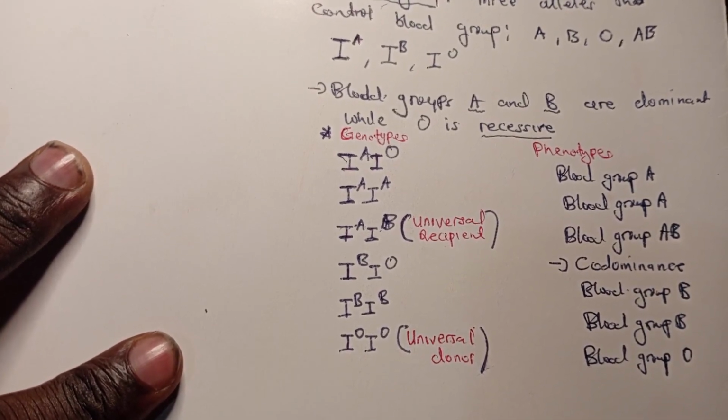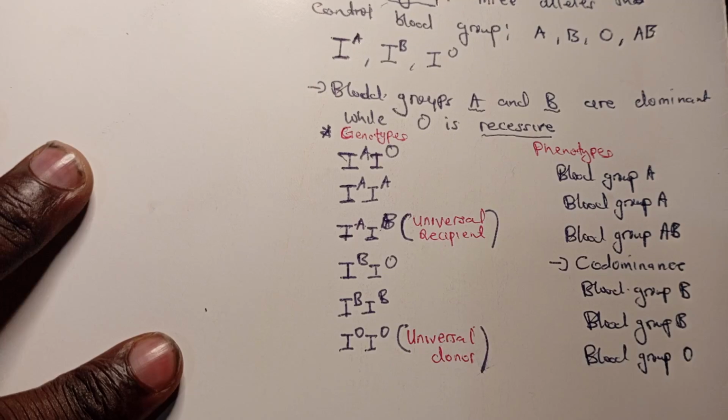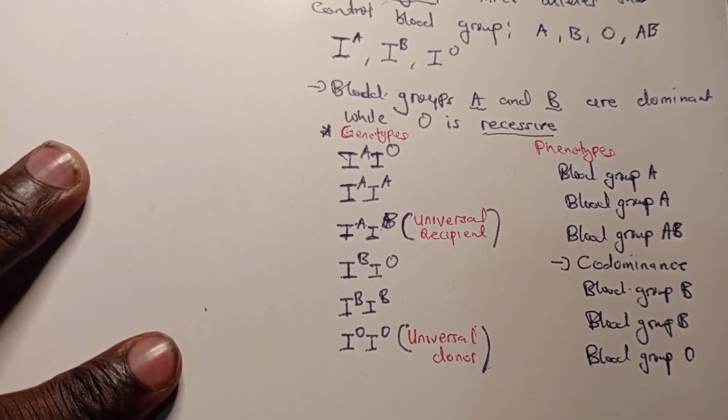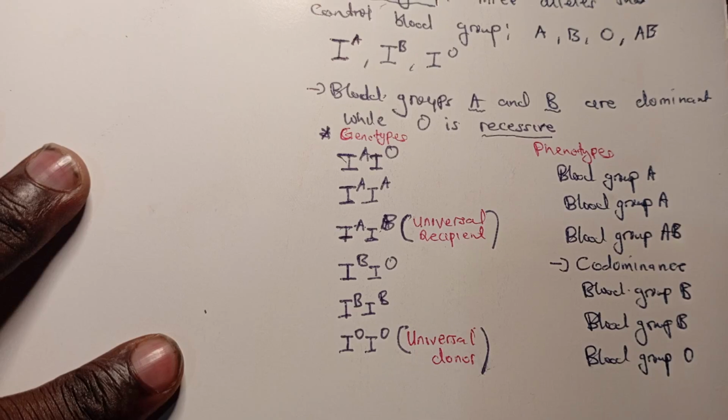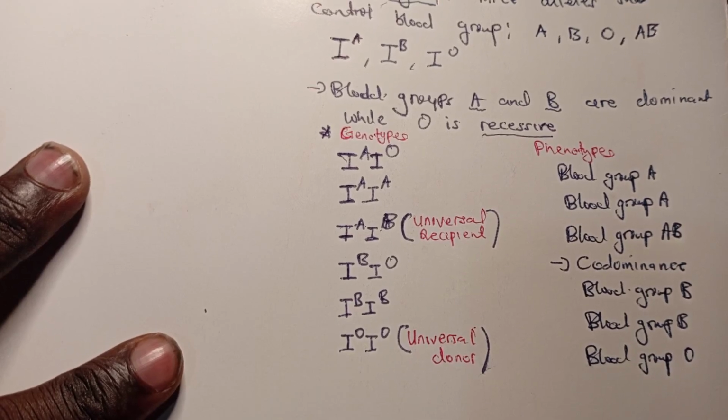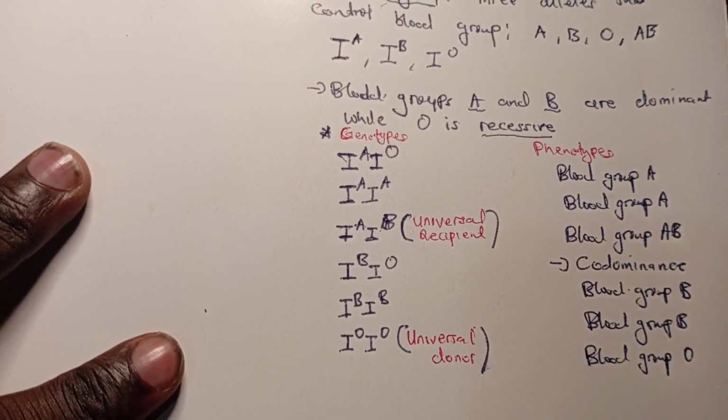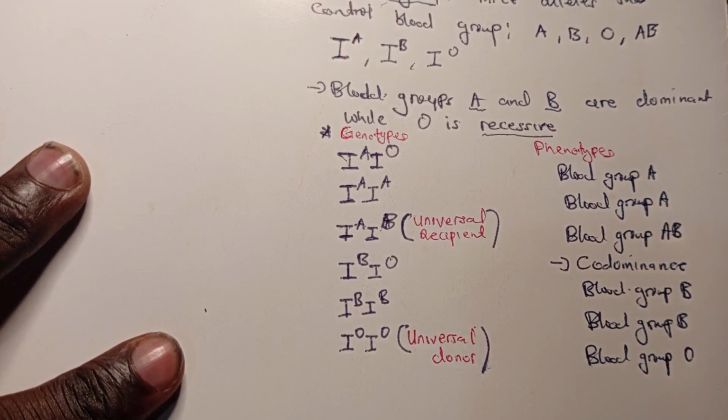In my other video that I posted some time back, we were solving a paternity case. It was a 2023 question paper. Just check my videos, you'll find it, where a girl accused someone of being the father of the child, and after doing the genetic cross, it was discovered that the child was actually his.